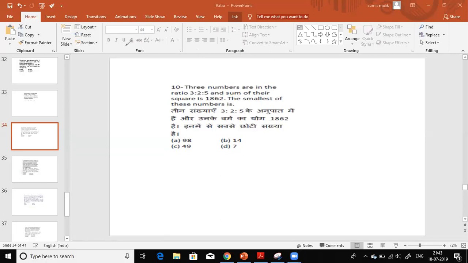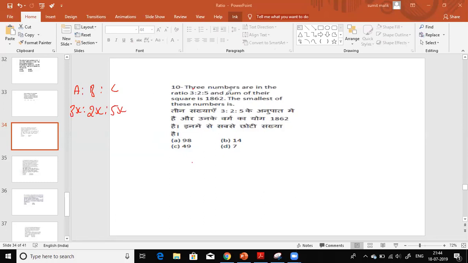Now look at the solution. Three numbers are in the ratio of 3:2:5. Let's suppose A, B, and C are three numbers. They are in the ratio of 3x, 2x, 5x.